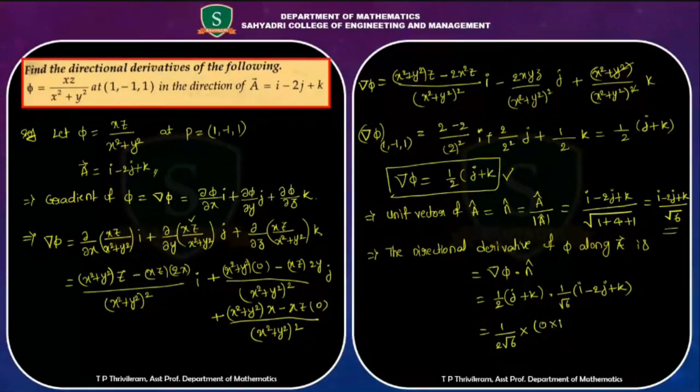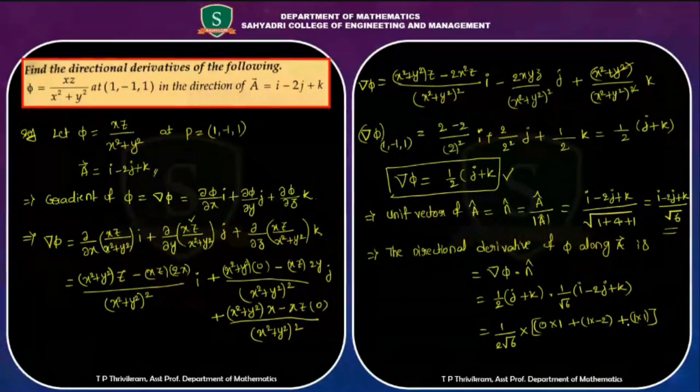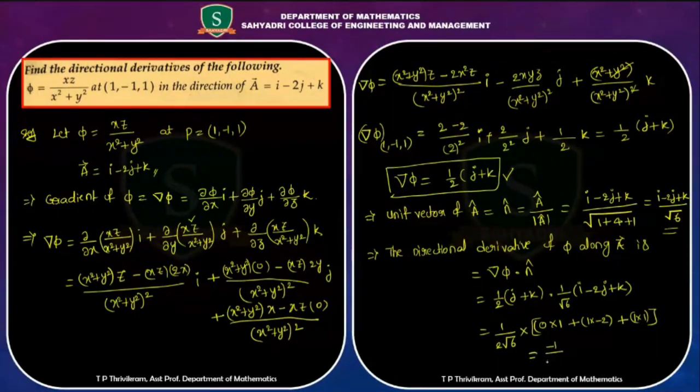So 0 into 1 plus 1 into minus 2, next plus 1 into 1. So how much do we get in total? First one 0, minus 2 plus 1. So minus 1 by 2 root 6 we will get.